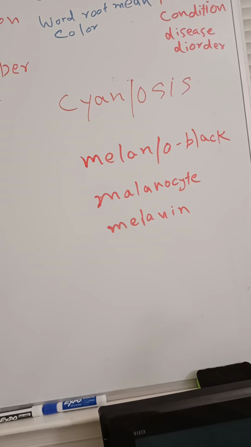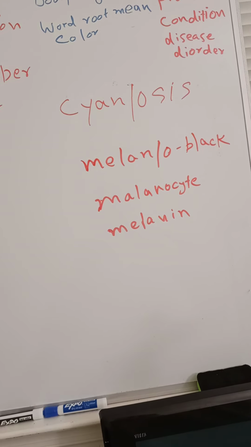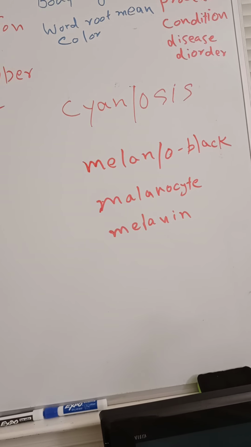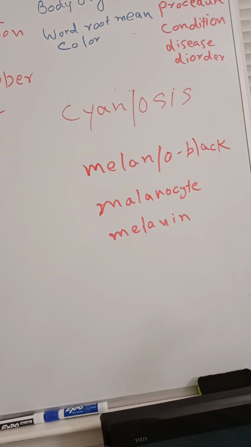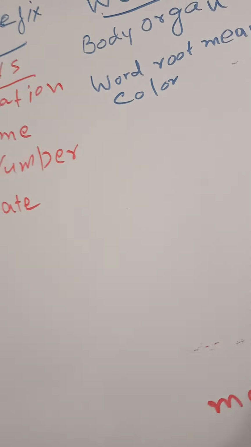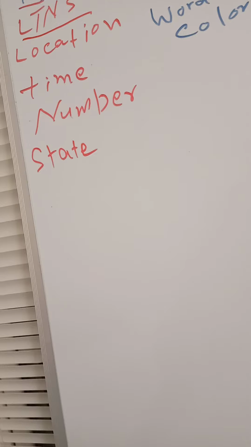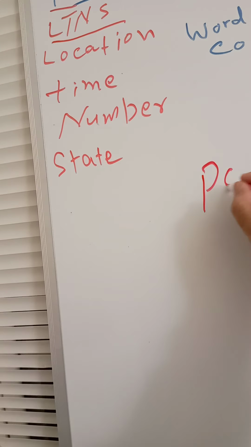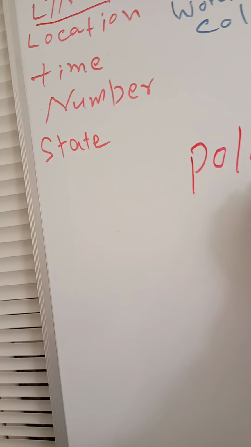Cyan means blue, erythr means red, leuc means white. Next word is polio. Sorry, poli means gray. Polio, with the vowel O, means gray.